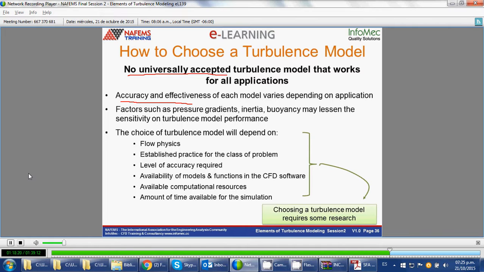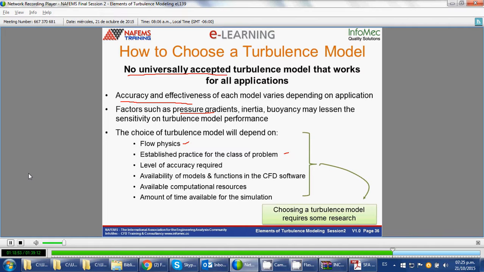What would affect the effectiveness and accuracy of your application? Maybe the pressure gradient, buoyancy, some other stuff that even further changes the effectiveness. So if you choose a model, that model should depend on the flow physics that you have for your application. Establish what people are using for that type of problem.